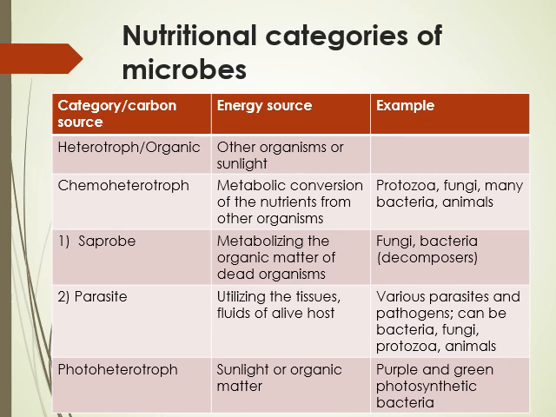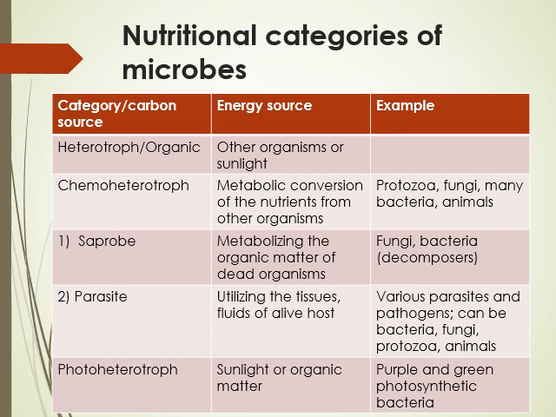Well, saprobe is an organism that metabolizes organic matter from the dead organism, right? They don't kill organisms, but instead they just use the waste, the dead organism. Example, fungi and bacteria that are involved in the decomposition of matter, right? The second group is parasite.